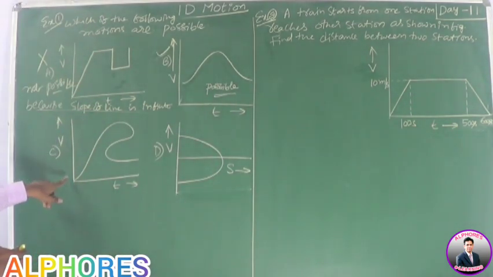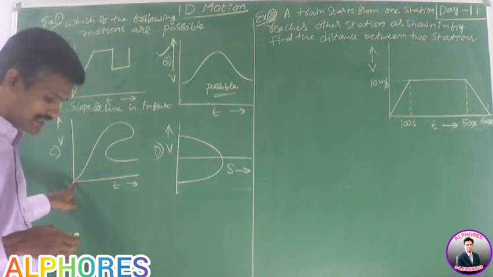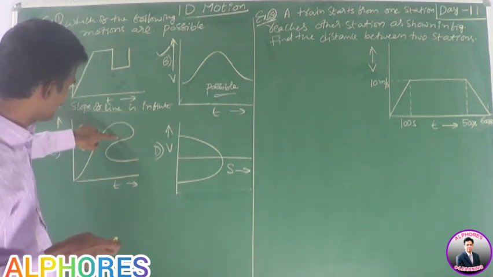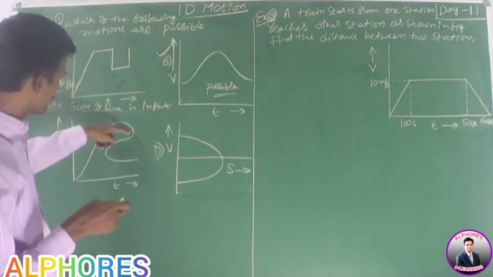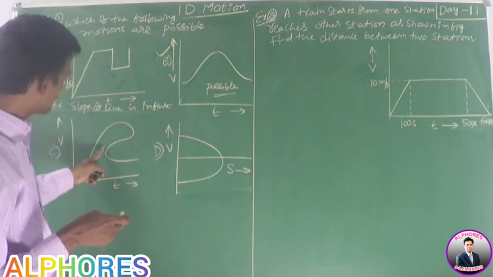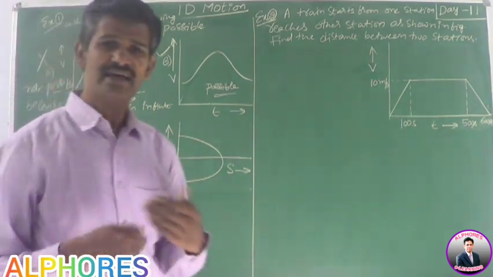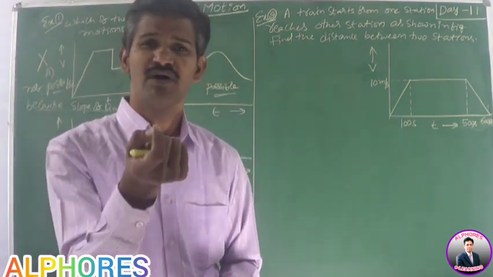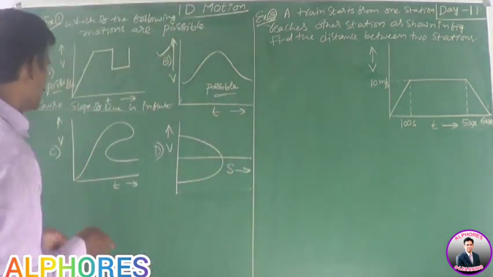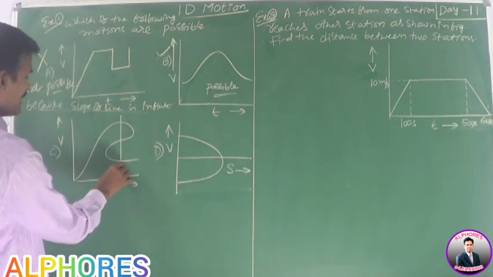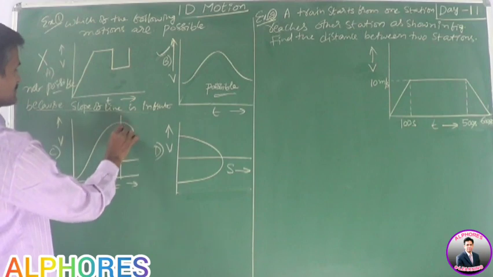Next, our graph is this. If you consider this graph, its slope is initially 0, then the slope gradually increases and becomes 0, then decreases, and again becomes 0, then again increases and again decreases. Like this, it has some acceleration. But here is a small problem. What is that problem? At this time, this particle has 3 velocities.